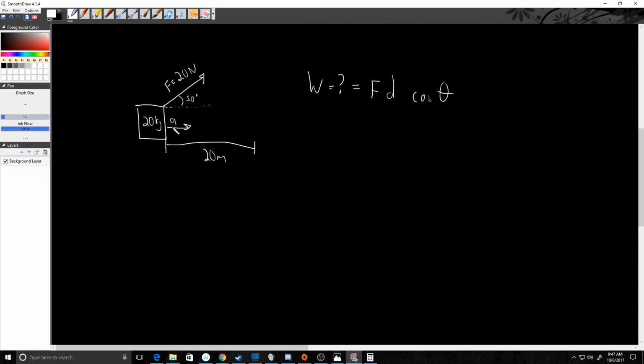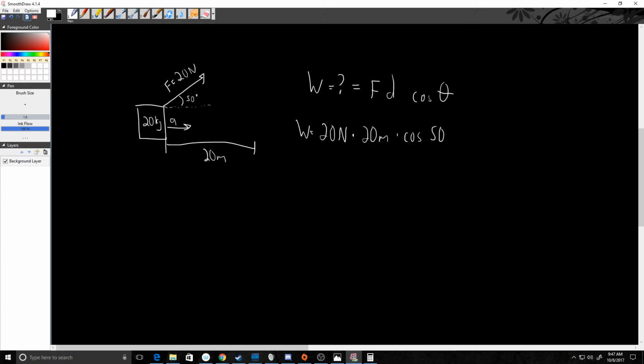So now to figure this one out, I just need to plug these things in. Force we said was 20 newtons. Distance we said was 20 meters. In this case, I didn't even need the mass, since I gave you the force. Times the cosine of 50. All right, let's see if this calculator is working right.